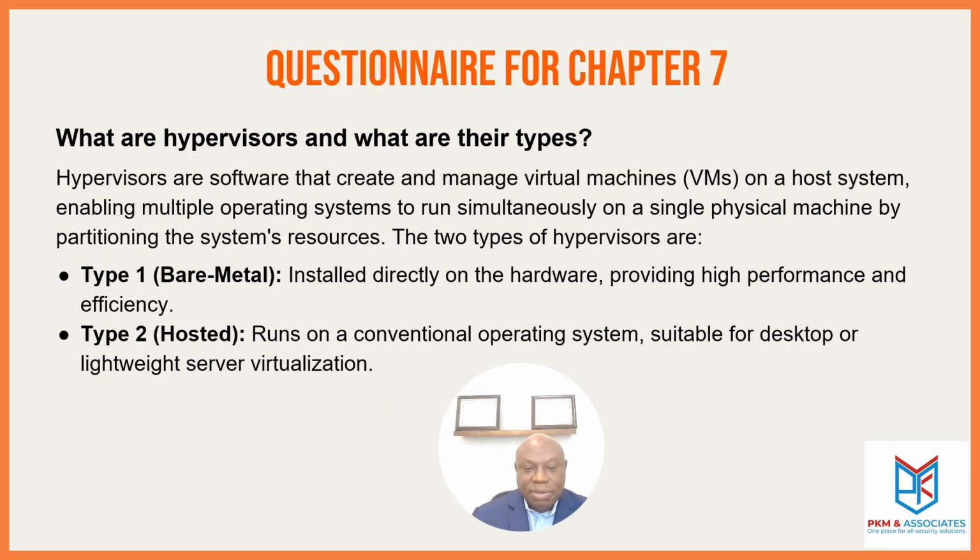The two types of hypervisors are type 1 and type 2. Type 1 installs directly on the hardware, providing high performance and efficiency. That's a big distinction. Type 2, which is hosted, runs on a conventional operating system, suitable for a desktop or a lightweight server virtualization. Again, just remember those concepts from an exam perspective.